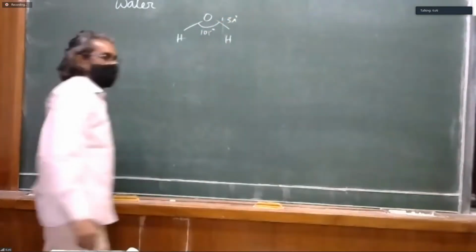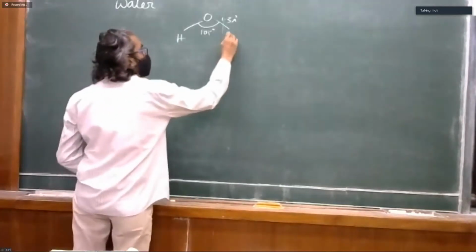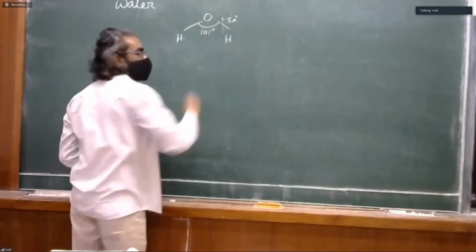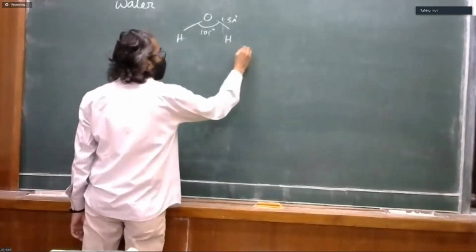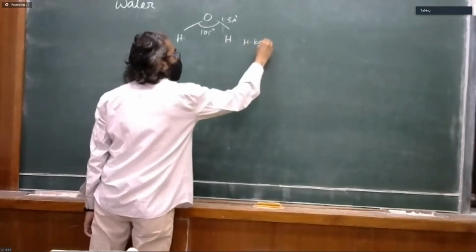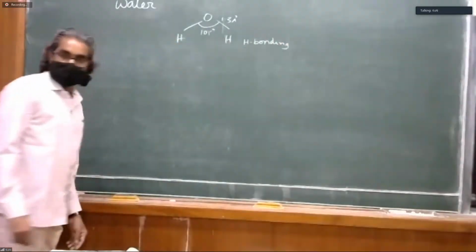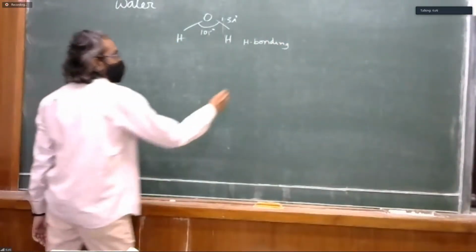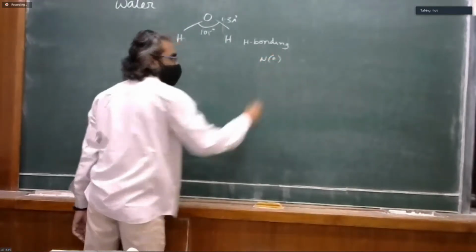The important property of water is that, because the hydrogens are attached to an electronegative atom, these hydrogens can form hydrogen bonds with other electronegative atoms like nitrogen or oxygen coming from other molecules.